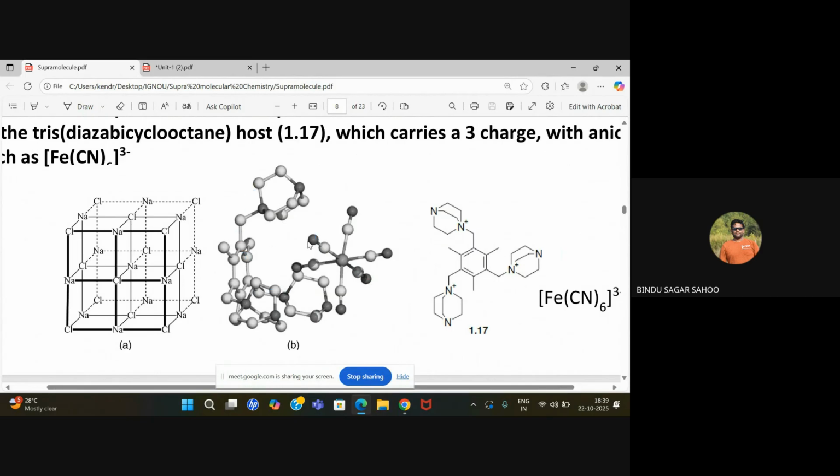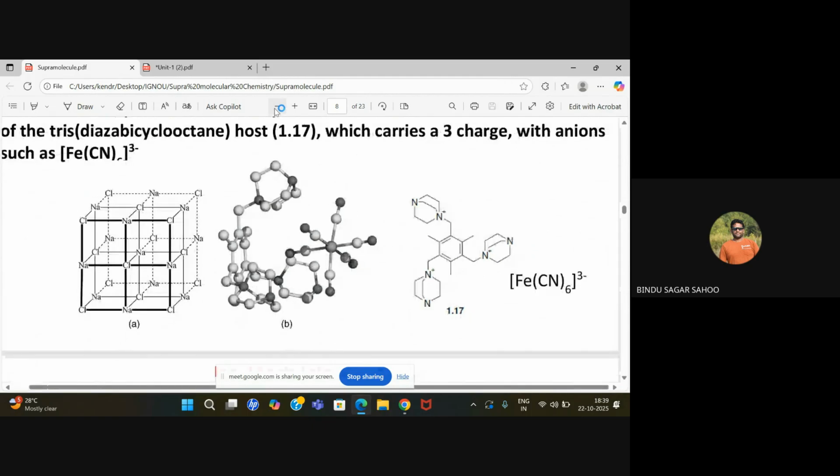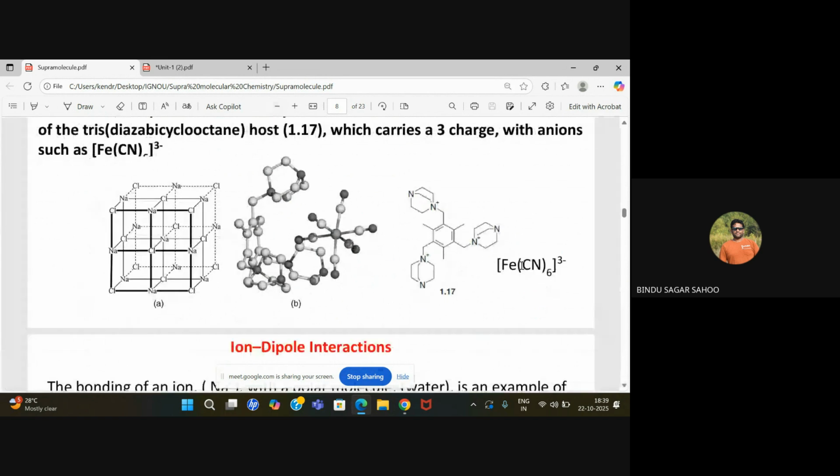Okay. So these deep colored balls are the nitrogen atoms. Here in the pentacyclic ring, and also in this hexacyclic ring, you can see this is the nitrogen center, and the rest are the carbon centers. So here the three positive charges will be stabilized by these three negative charges.